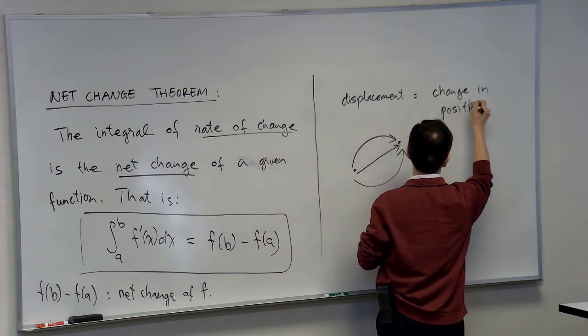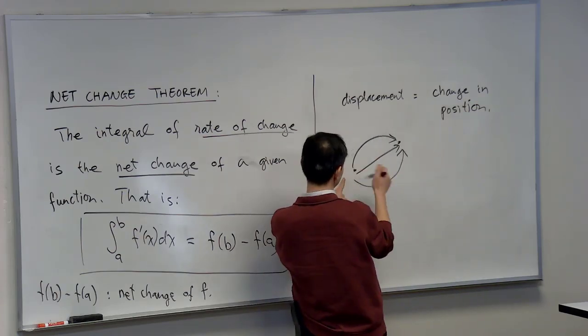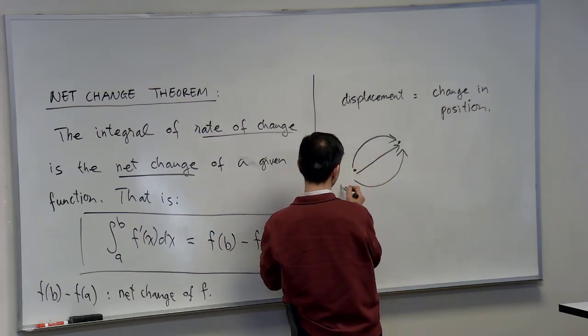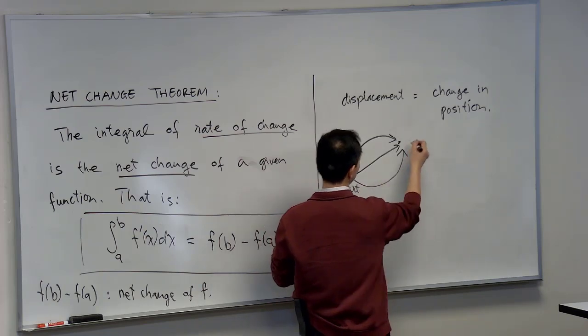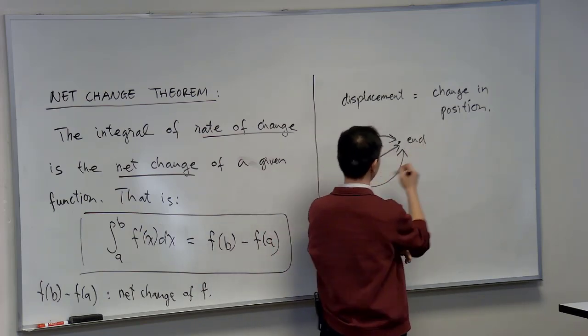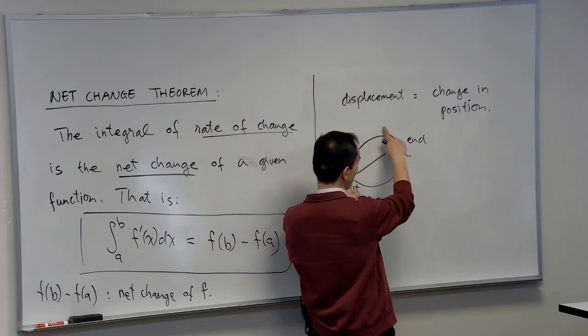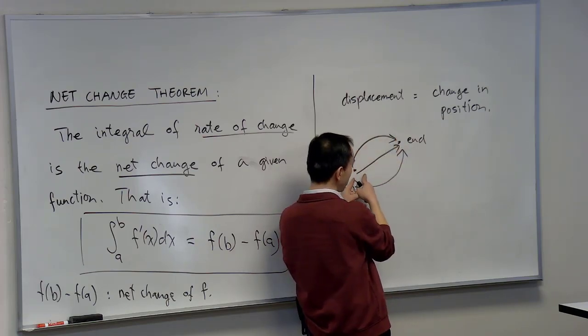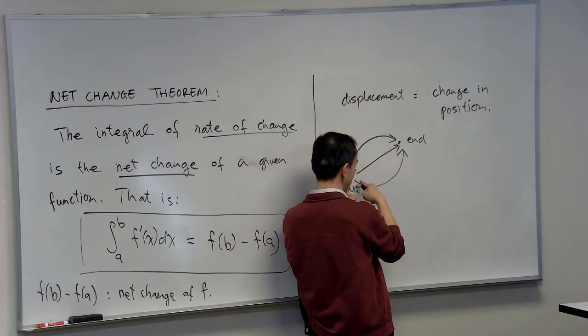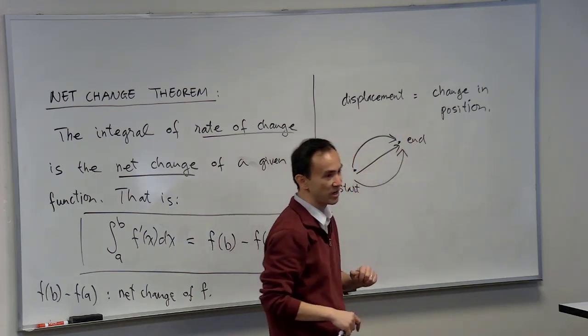The change in position. So think about when you have some starting position right here, and you're ending at some final position, right? Then yes, you may have some displacement by going in that path, or you may have some change of position by going a straight path or going some other crazy path, whatever, right?